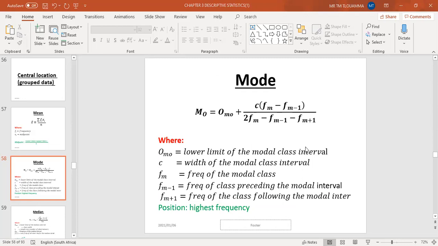So in this case, because we are talking about the grouped data, the position of the mode is going to be determined by the highest frequency.